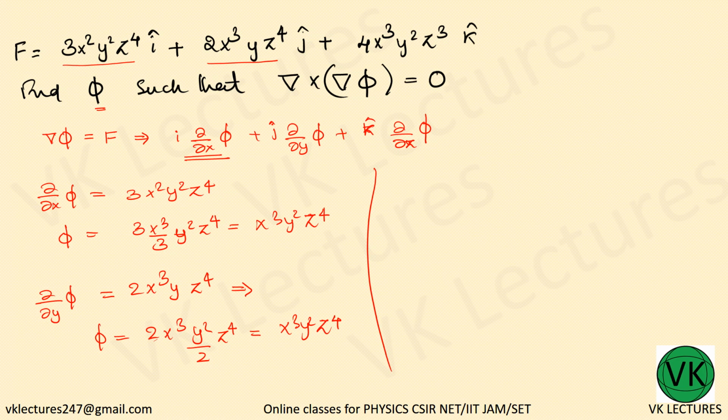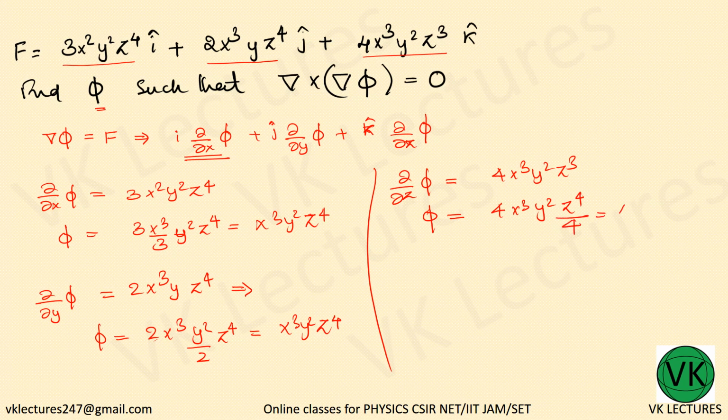Now the third term, dou by dou z of phi is equal to 4x cube y square z cube, which means phi is equal to, integrating this, 4x cube y square z to the power 4 by 4.